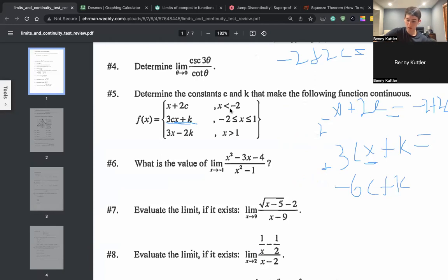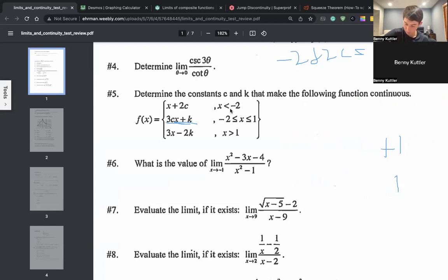But for now, we're going to move on to the next possible discontinuity, which is at x equals 1. So now if we look over here, it's a different function from the left and from the right at x equals 1.